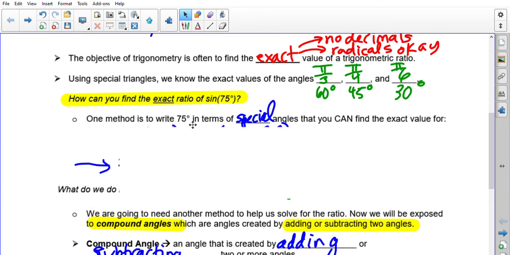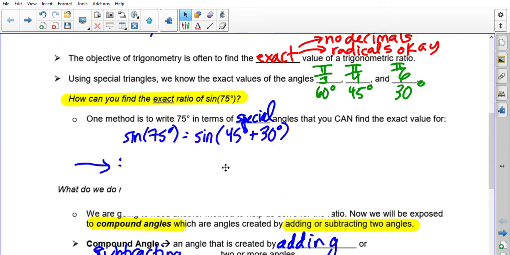So what is a way that we can write 75 degrees in terms of 60, 45, or 30? If you wanted to find sine of 75 degrees, we can write this as sine of 45 plus 30 degrees.